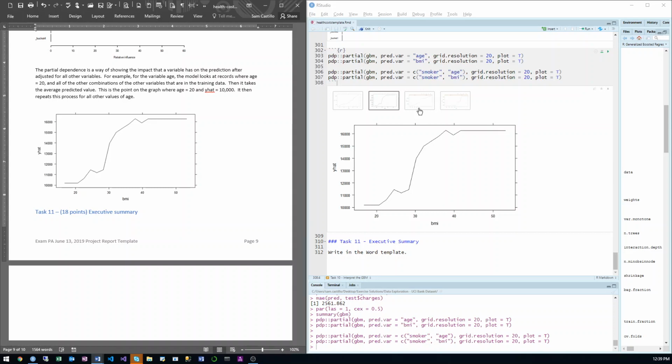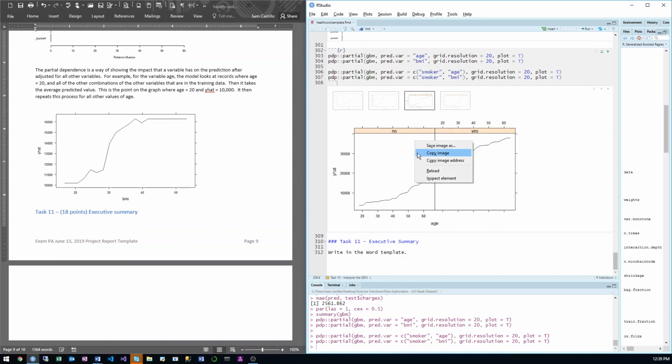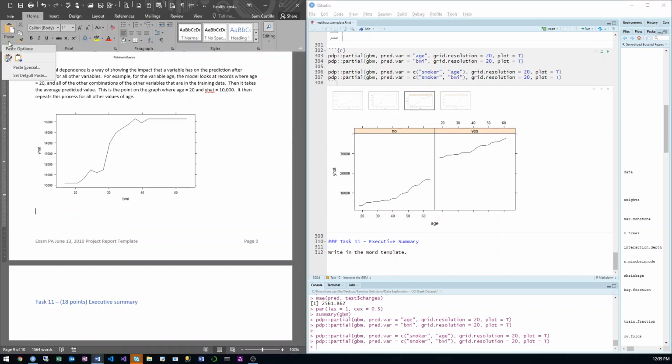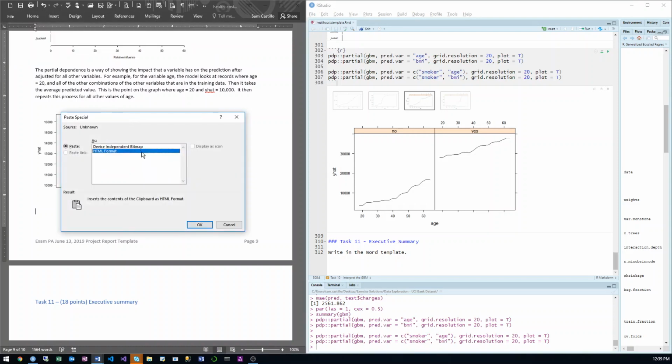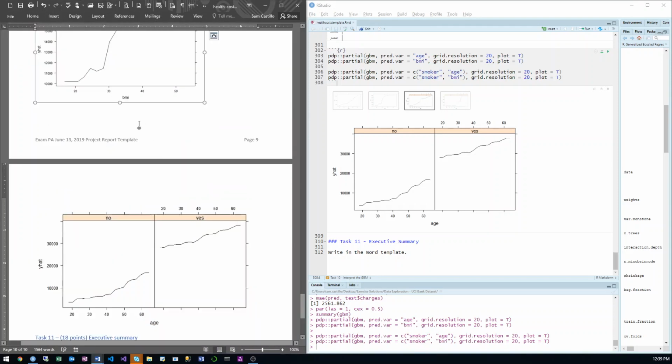Because this is taking an average, smokers get grouped together with non-smokers.